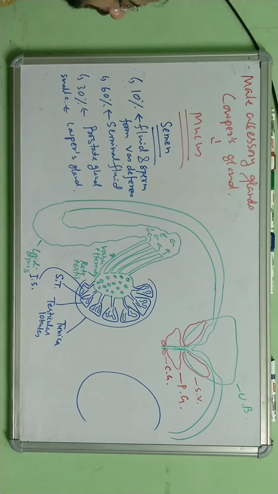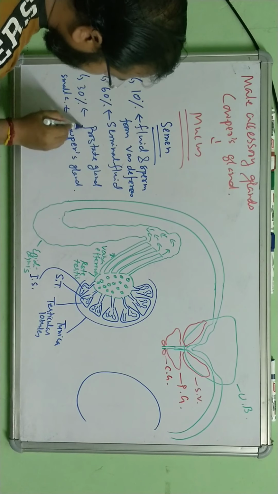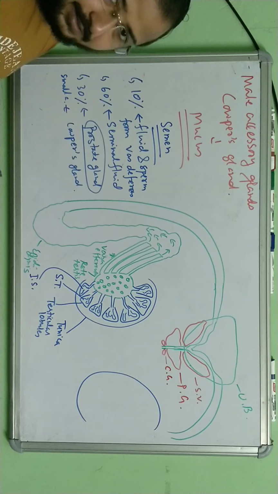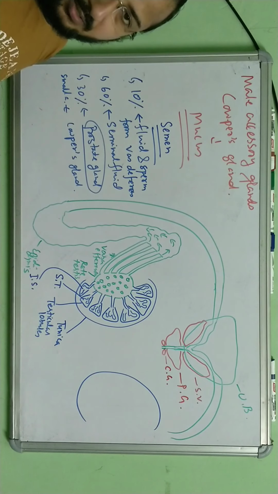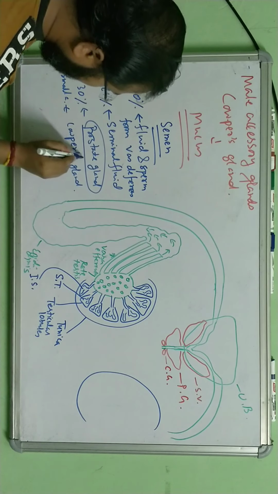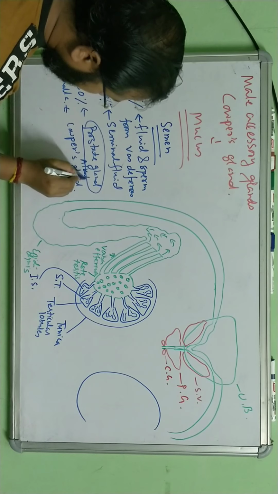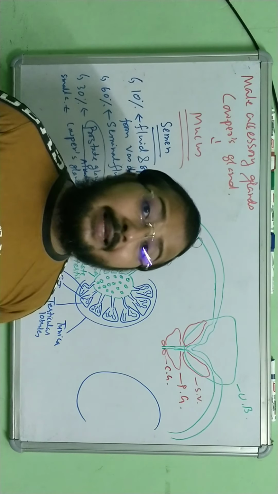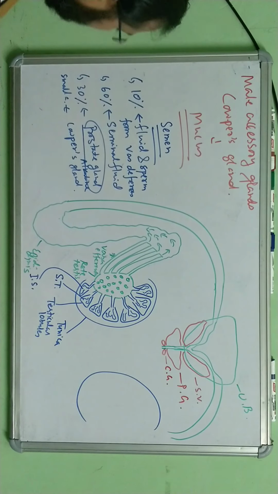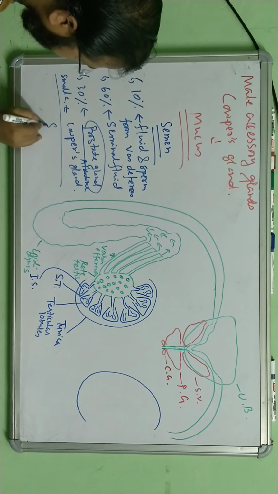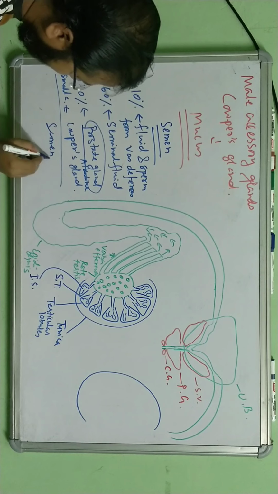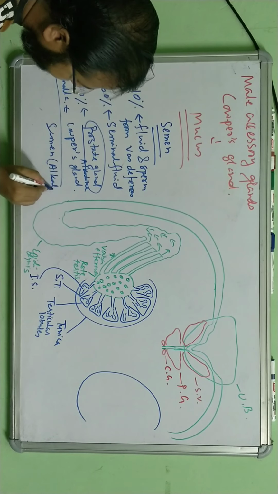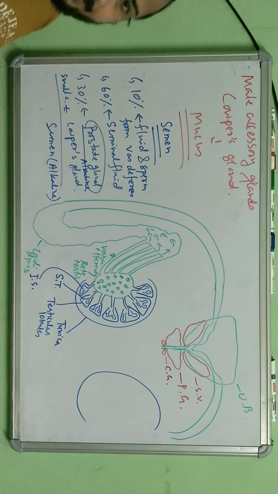And remember one thing, that the prostate gland fluid that is secreted is actually alkaline in nature. Okay, basic in nature. It's very, very important. Why am I saying this? Because this makes the semen alkaline in nature. So altogether I am getting here the semen, which is alkaline in nature because of the prostate gland fluids.